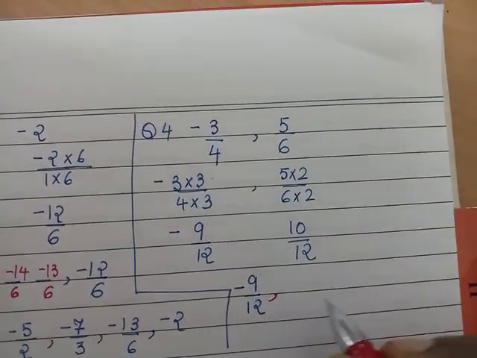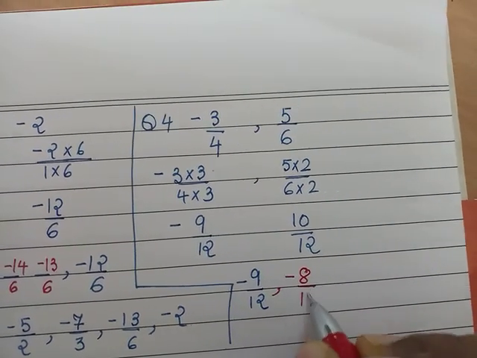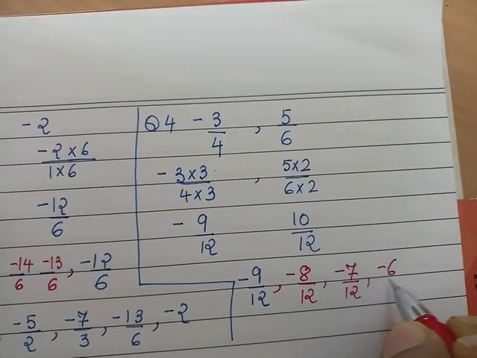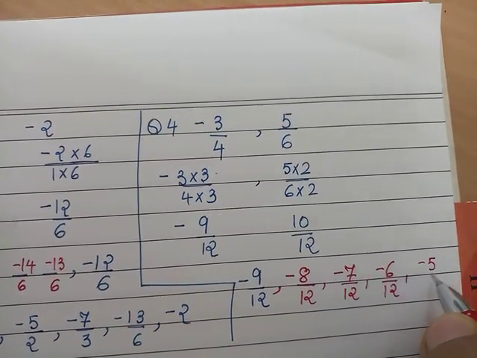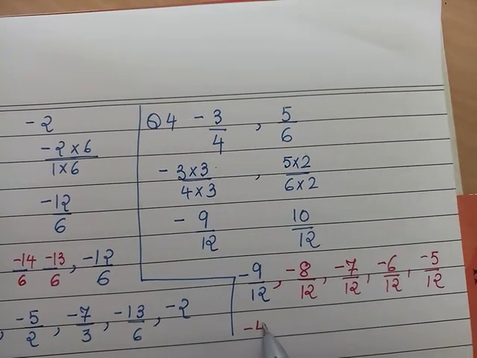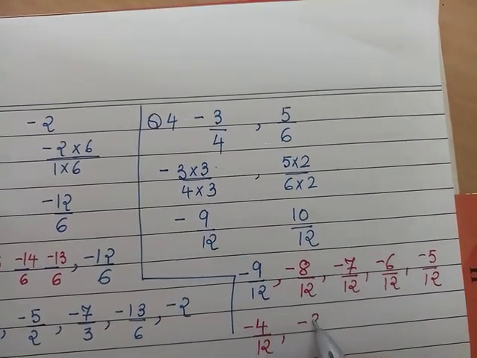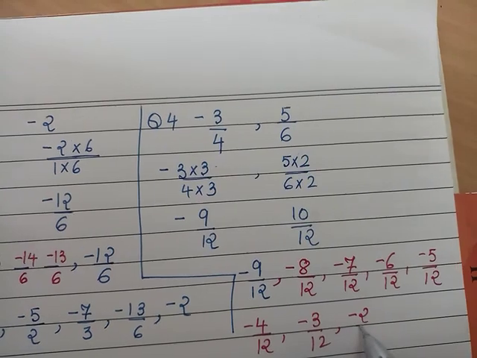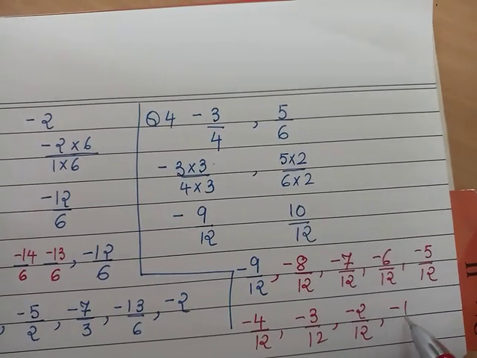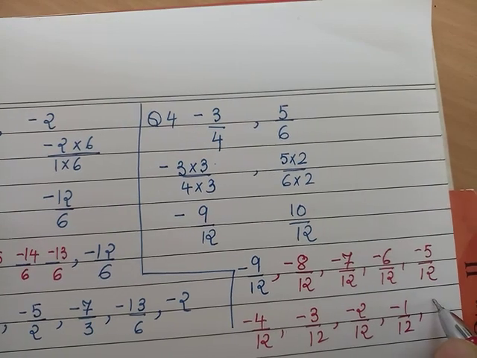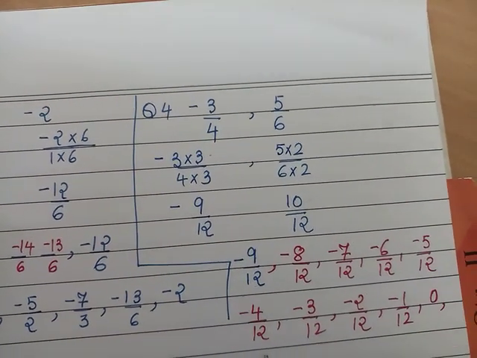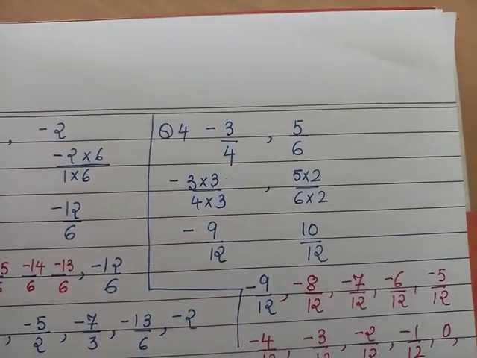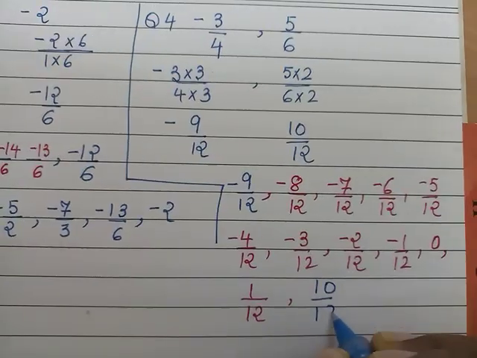So we get -8 by 12, -7 by 12, -6 by 12, -5 by 12, -4 by 12, -3 by 12, 1, 2, 3, 4, 5, 6 we have written, 7, 8, 9 and 10, and the last is given to us as 10 by 12.